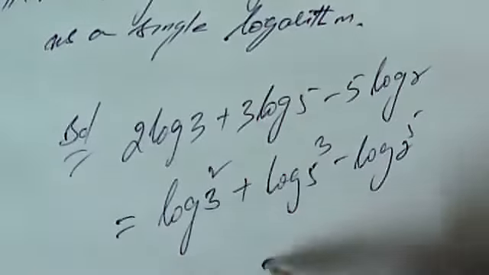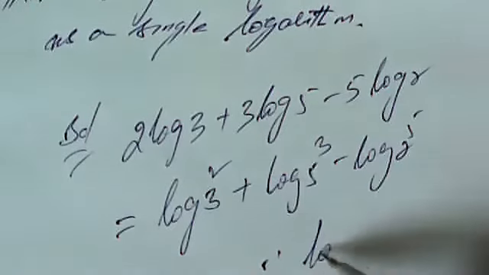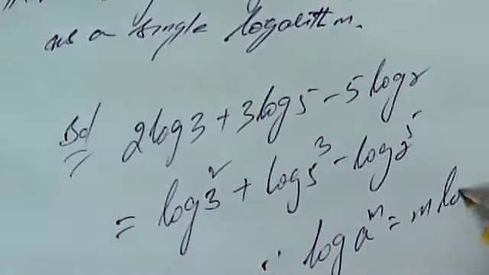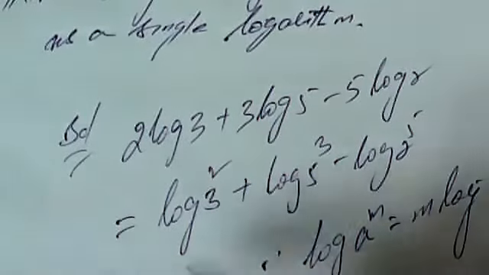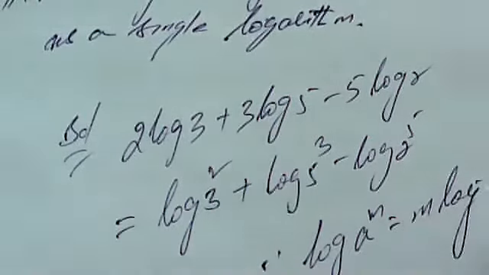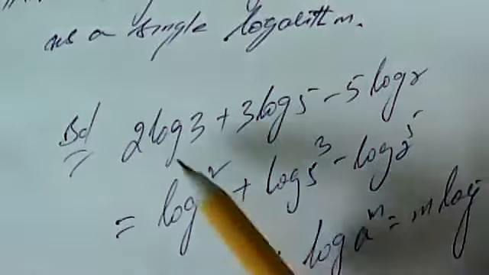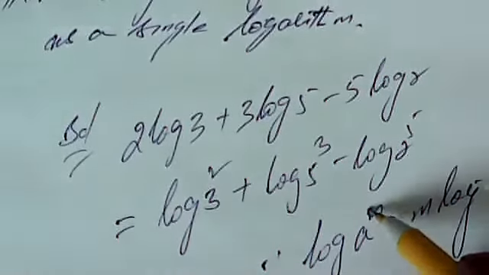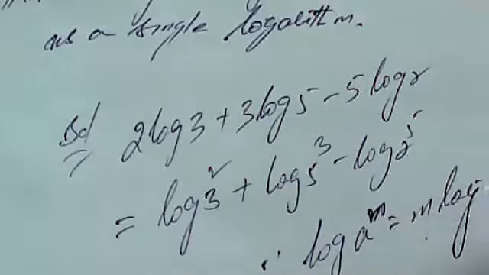Right? Since we have the reverse of log a power m equal to m log a. This is in the form of m log a, so we write it as log of a power m.